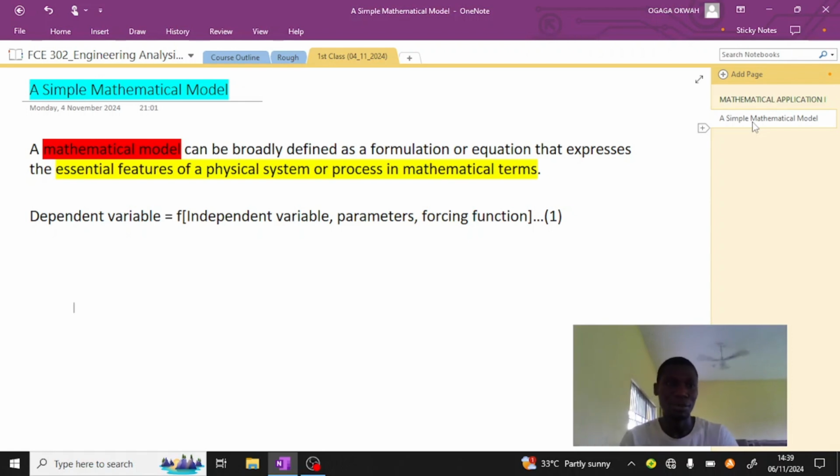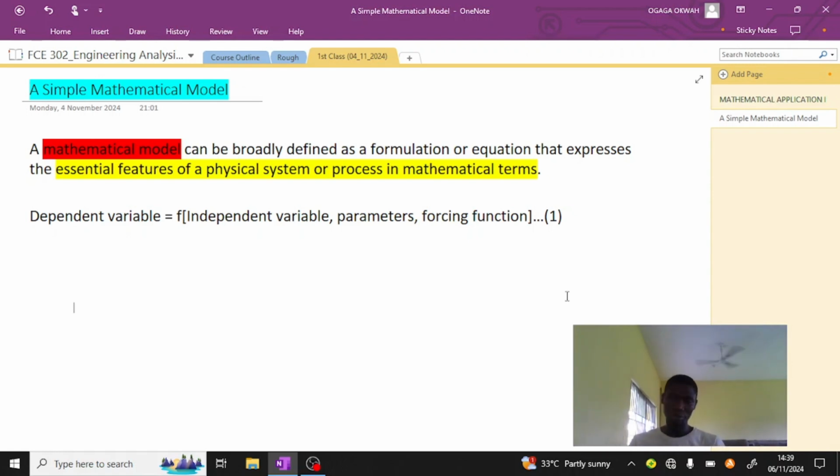So let's go now. A simple mathematical model. Just bear in mind that what we are to do is express the essential features of a physical system or process in mathematical terms.